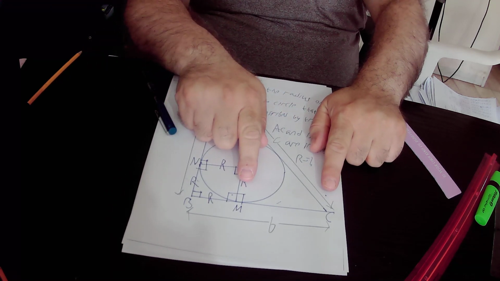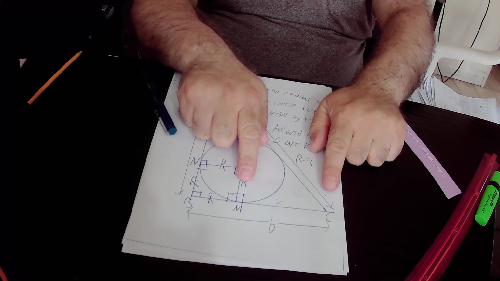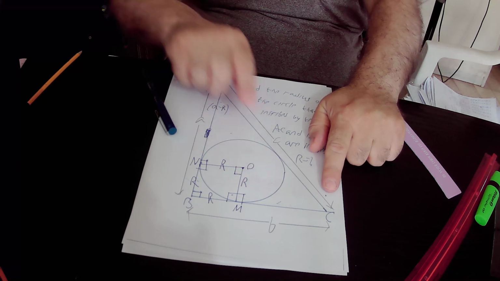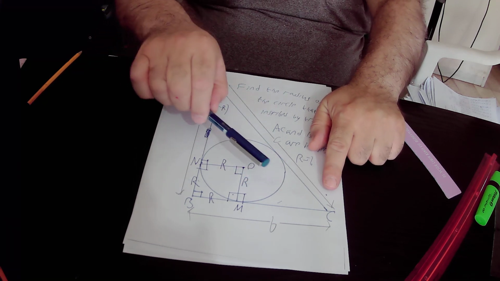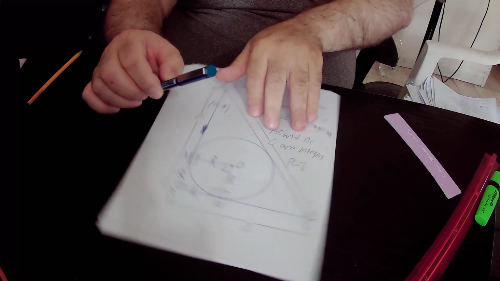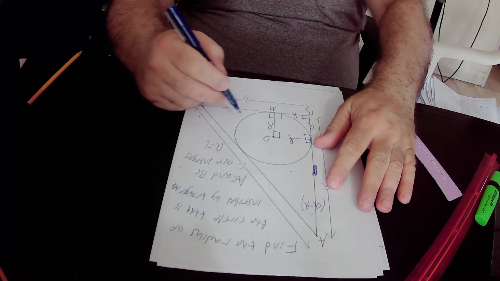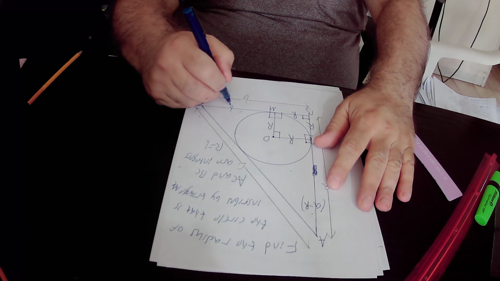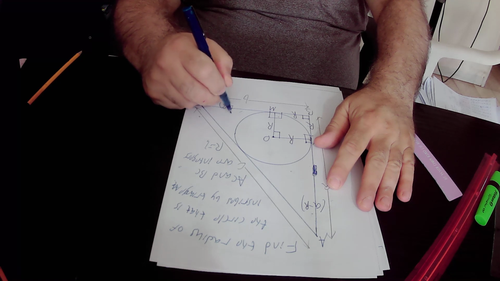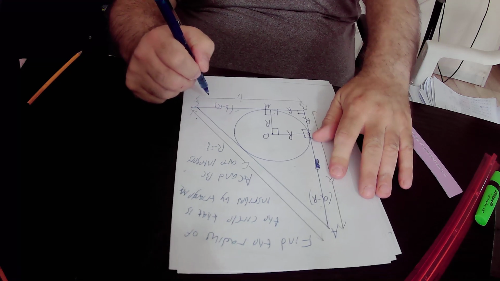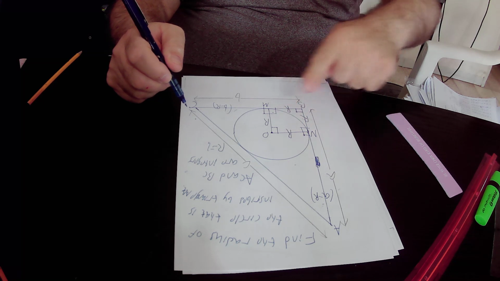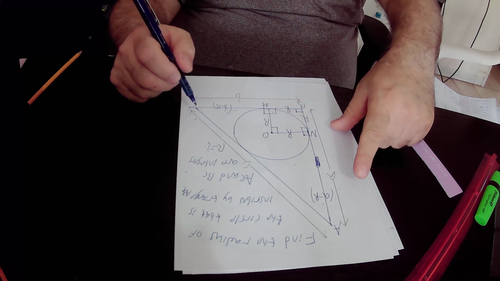It is very easy to see that MC equals BC minus BM. BC is B and BM is R, therefore MC equals B minus R.